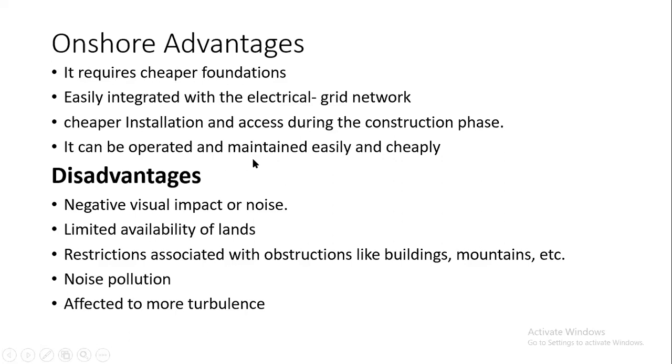They can be operated and maintained easily and cheaply. Disadvantages: negative visual impact or noise, limited availability of land, restrictions associated with obstructions like buildings, mountains, etc., noise pollution, and more turbulence.